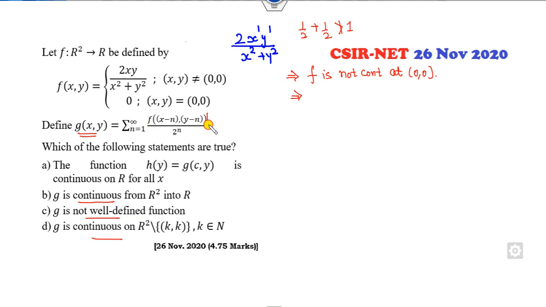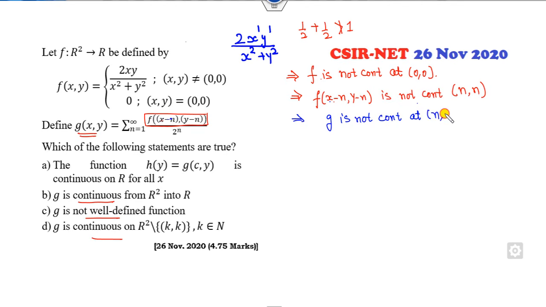What does it mean? If I subtract n, the function (x−n, y−n) is not continuous at (n,n), then only it becomes (0,0). If this function is not continuous at (n,n), it means g is not continuous at (n,n) only.